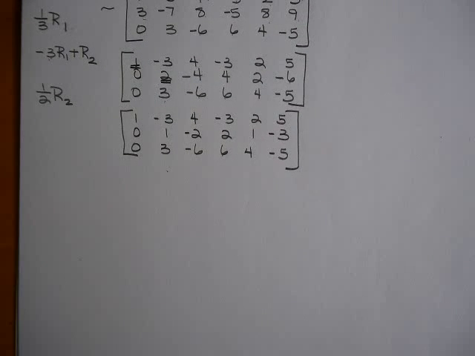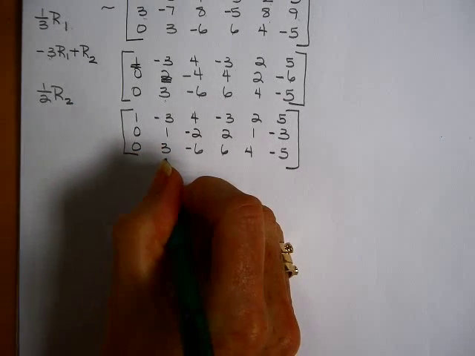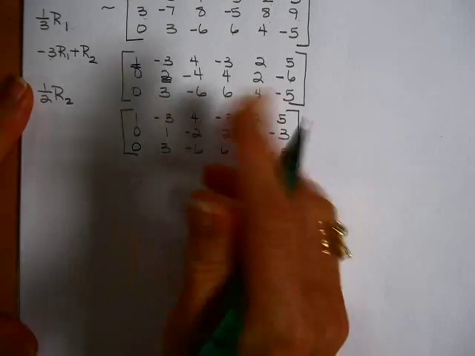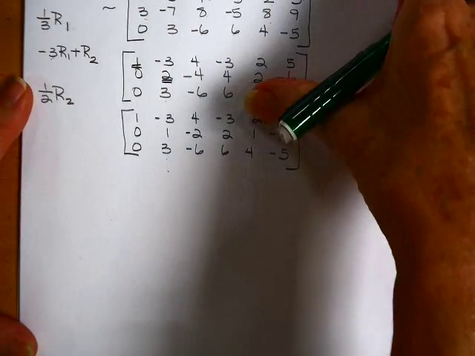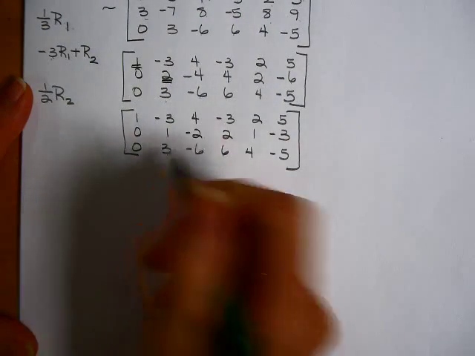Okay. So pivot, pivot. I need to get rid of the 3. So you ignore the first row. You're dealing with the second row and that number right there.